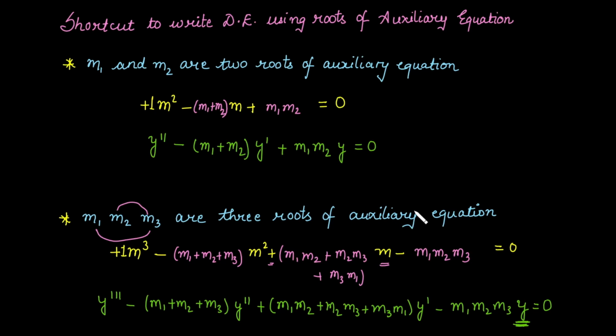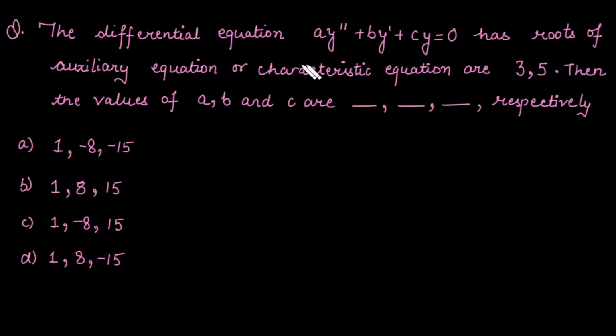Now let's explore how this is helpful in MCQs. The question is: the roots of the auxiliary equation, the characteristic equation, are 3 and 5. Means we have a second order differential equation whose auxiliary equation has roots 3 and 5.